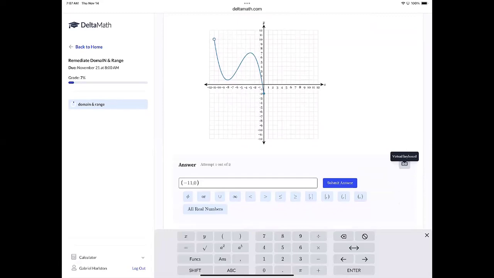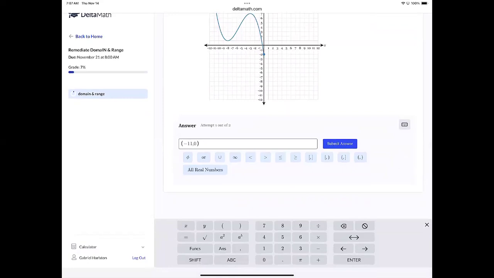I need a bracket. Where are the brackets? Can I use this? Oh, okay, this was messed up. So get rid of everything here. All right, I'm going to use this one. That's what I was trying to do: -11 over to 0, submit it.